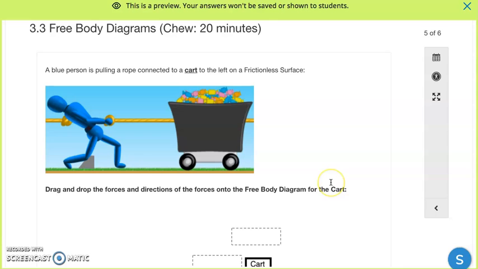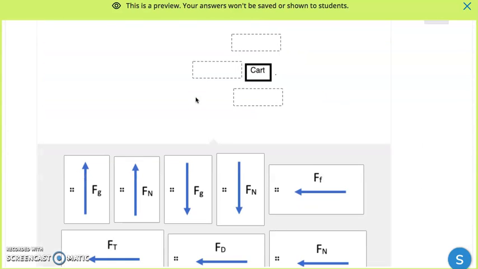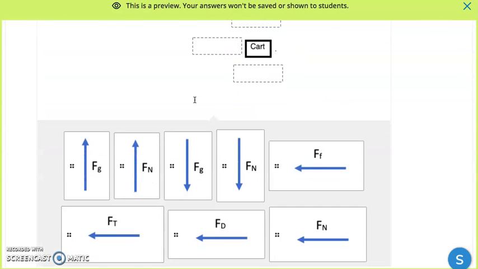Then our next one is a little bit different. We've got a blue person pulling a rope connected to a cart on a frictionless surface. So that means we won't have to worry about friction at all. And so we want to do a free body diagram for the cart. So for this cart right here. So that means that, oh yeah, hey, that force gravity, it's always going to be there.